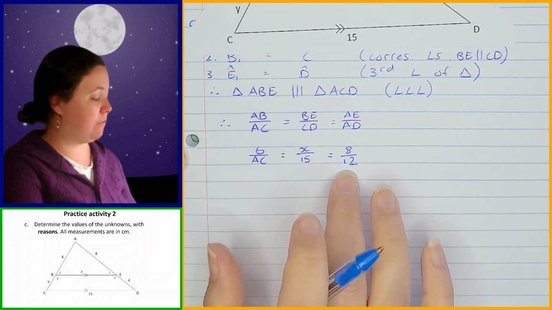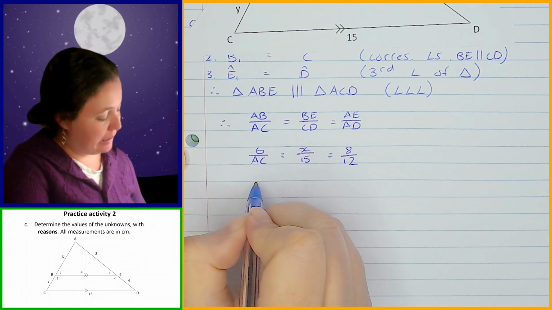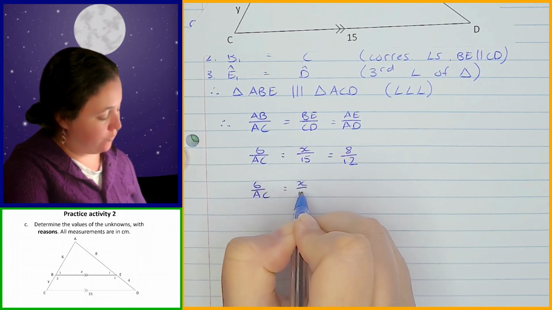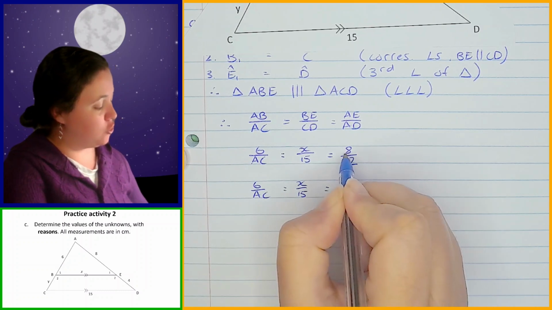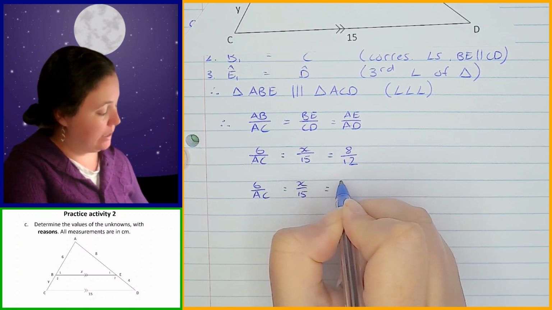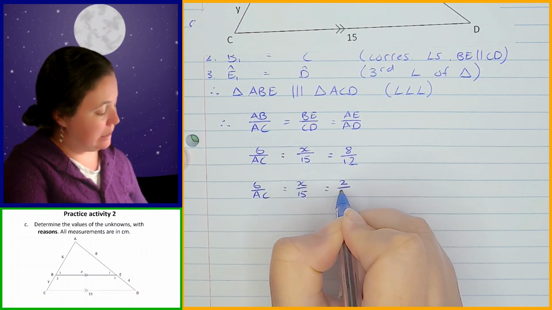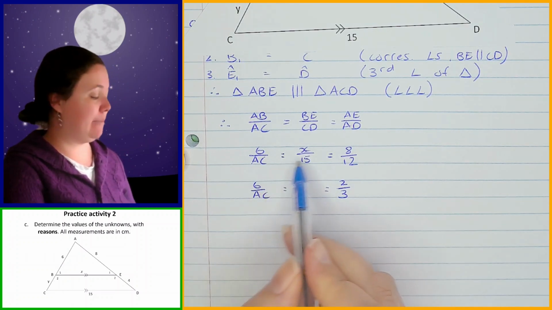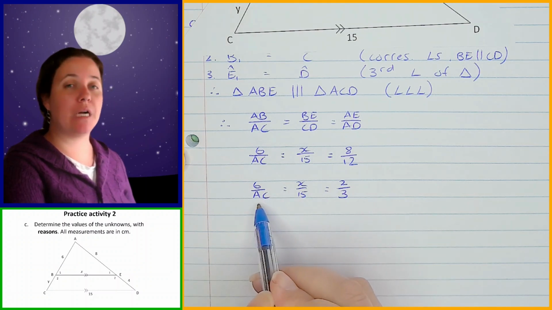Now I need to go and simplify this over here. So that's going to be 6 over AC equals X over 15 equals 2 goes in there, or 4 goes in there twice, and 4 goes in there 3 times, so it's 2 over 3. So now I'm going to take each of these fractions and make them equal to 2 over 3 so that I can work out the unknowns.